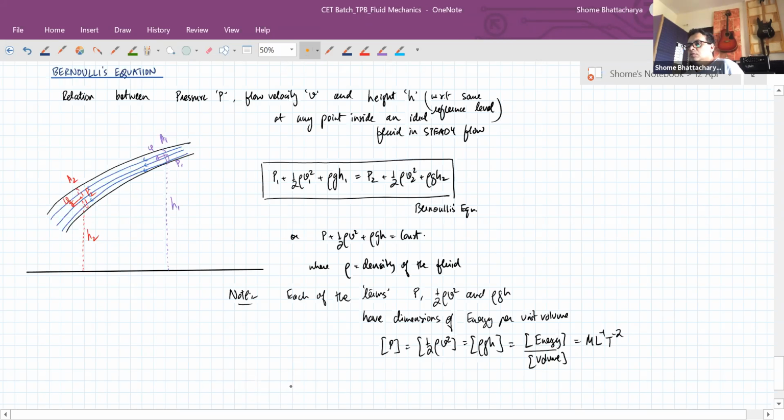So therefore, P is called the pressure head. Half rho v square, it is called the kinetic head because it is kinetic energy per unit volume.